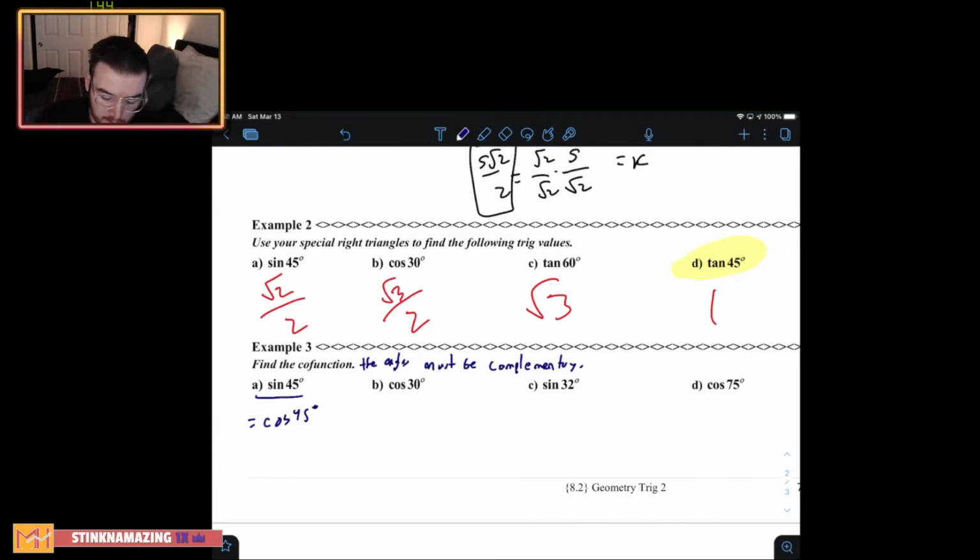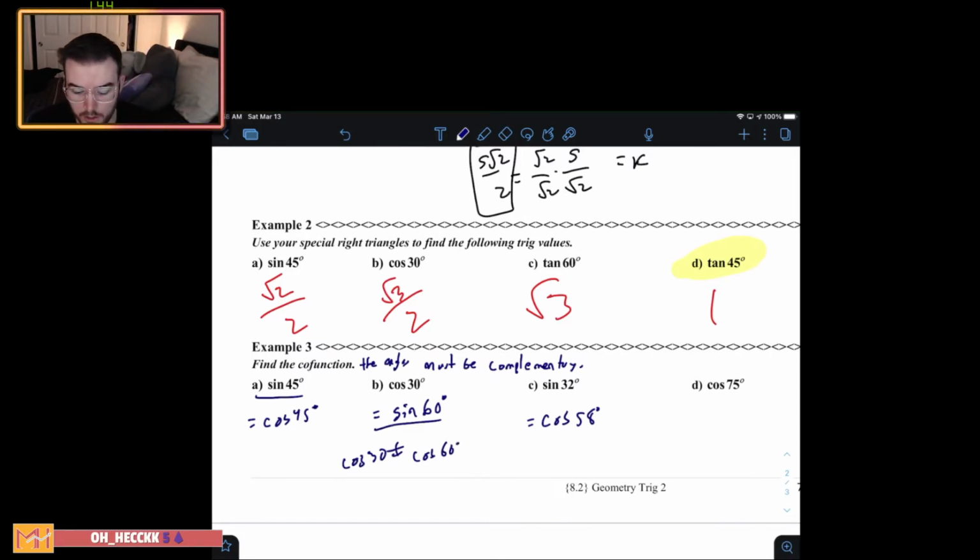Cosine of 30 degrees is the same as sine of 60 degrees. 30 plus 60 makes 90. Sine of 32 degrees is equal to cosine of 58 degrees because 32 plus 58 is 90. Cosine of 30 is not equal to cosine of 60. We're having to switch functions.